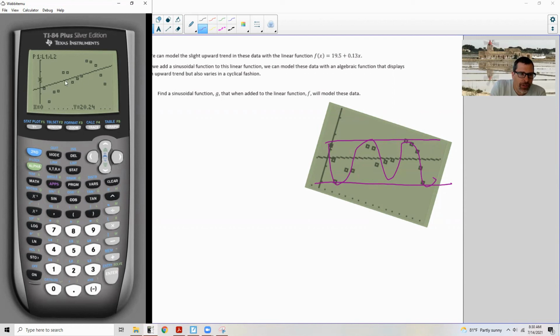So 0.13 is the slope, and 19.5 is the y-intercept. So from 19.5 to 20.24 is approximately what? 19.5 to 20 is 0.5.